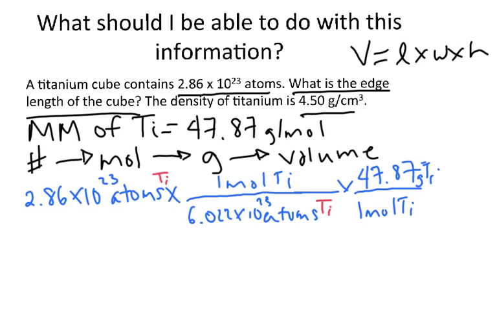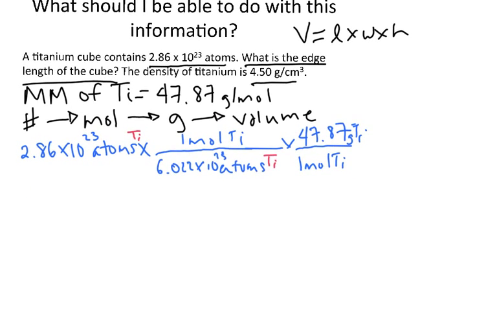I'm going to make this smaller, running out of room, times the density. So we have 4.50 grams for every 1 cubic centimeter.